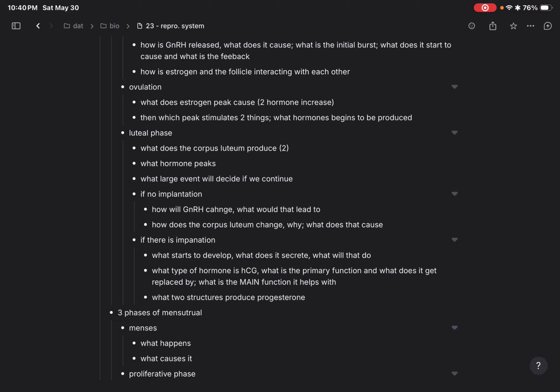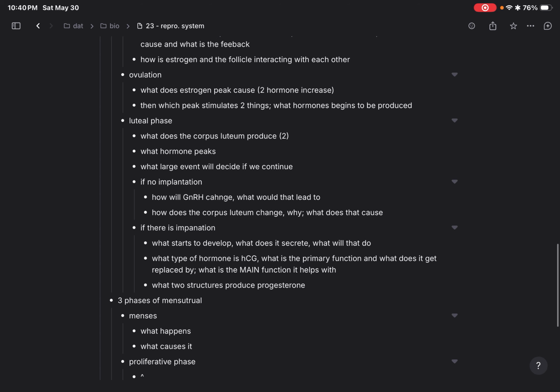With no implantation, there's negative feedback on the hypothalamus. The hypothalamus will stop releasing gonadotropin releasing hormone, which will stop releasing FSH and LH, which will stop producing estrogen, which will stop producing progesterone. And then having no LH will cause the corpus luteum to disintegrate into the corpus albicans. If there is implantation, the HCG will start to develop.